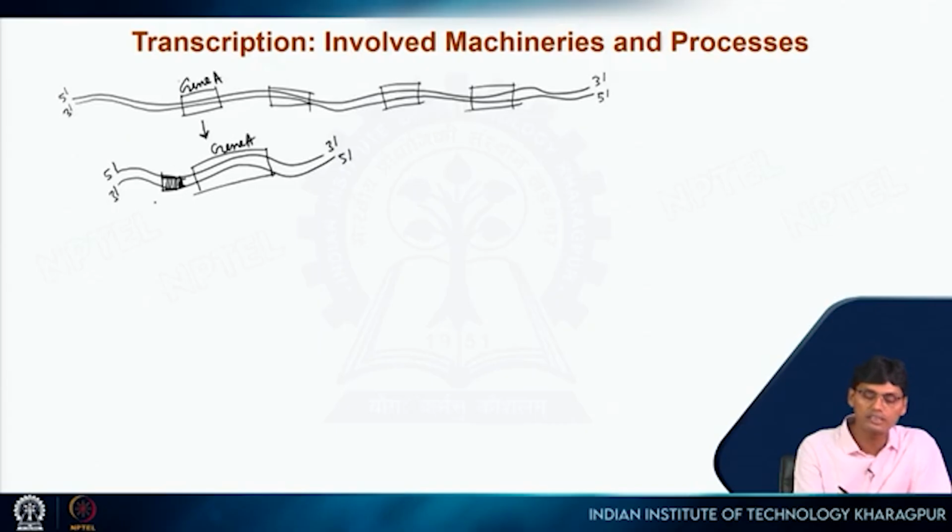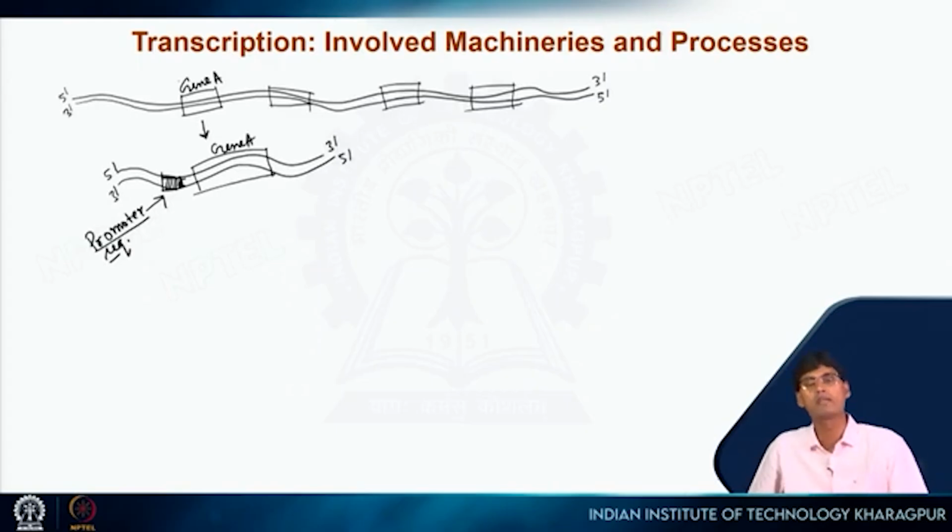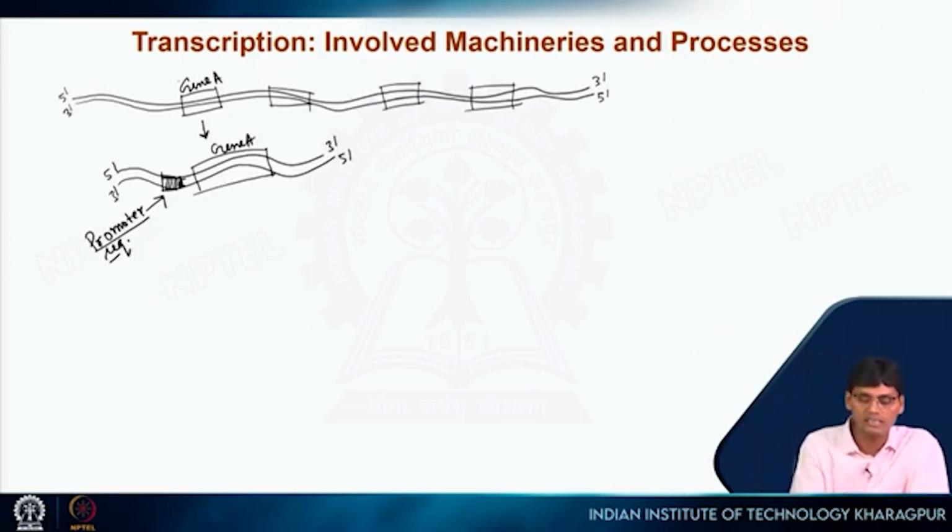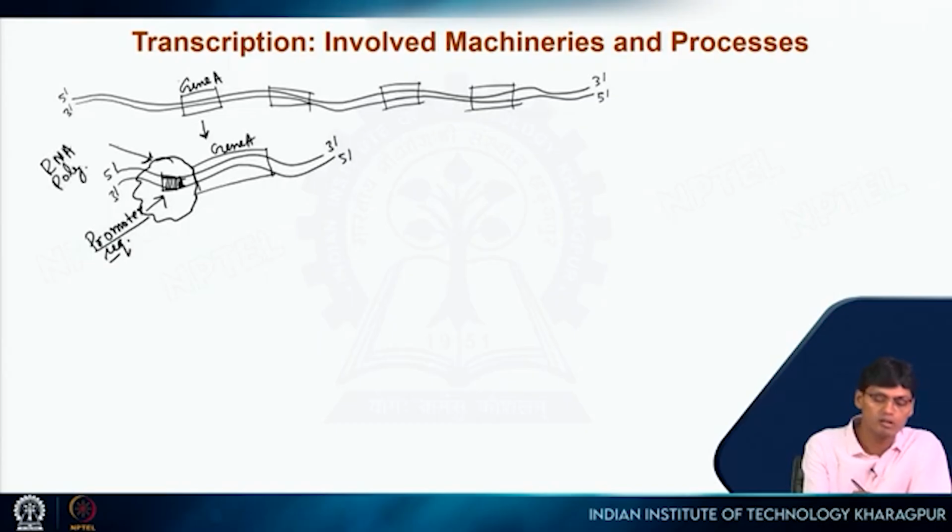This sequence is called the promoter sequence. This promoter sequence will invite RNA polymerase. This is the enzyme RNA polymerase.